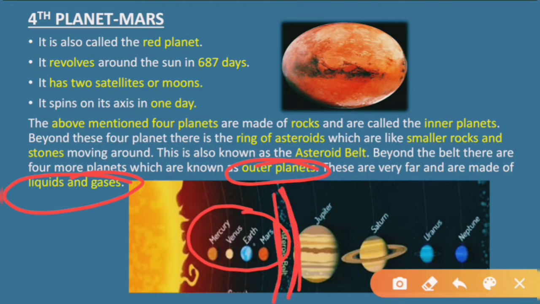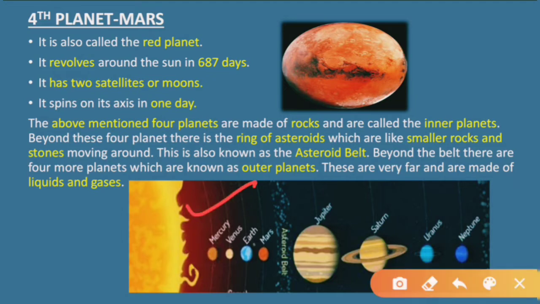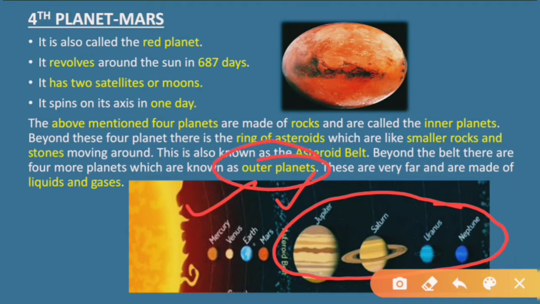After the asteroid belt, another four planets are there: Jupiter, Saturn, Uranus, and Neptune. These planets are known as your outer planets, and they are made up of liquids and gases.